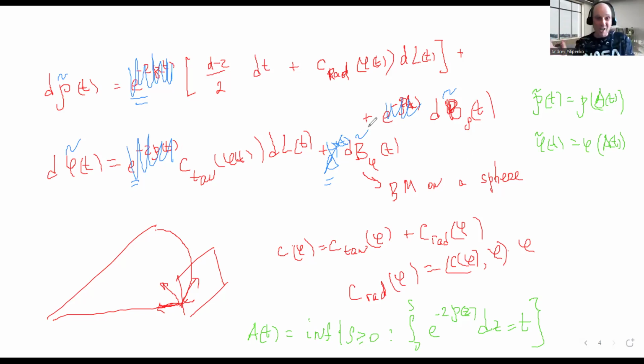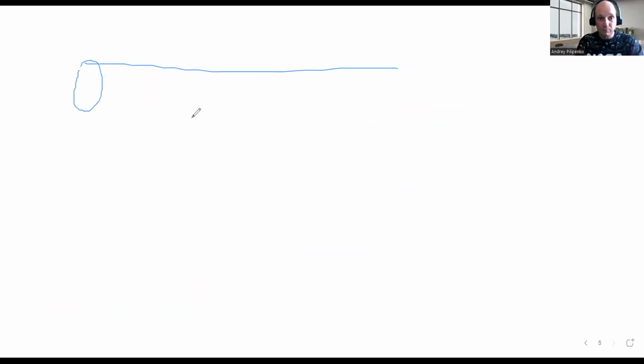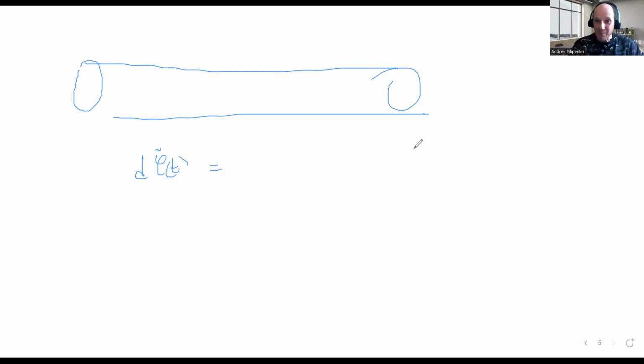So what do we have? Really, we have a pair rho tilde, phi tilde that satisfies a stochastic differential equation in a manifold with smooth boundary: dW phi of t plus C tangential of phi tilde of t dL of t.